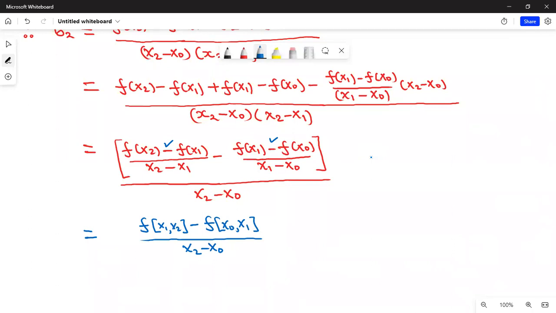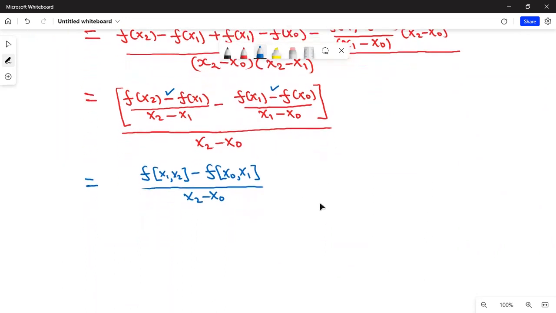And so how else can you write this? This is the same as writing f of x naught, x1, x2. So we can say that therefore B2 is equal to f of x0, x1, x2.